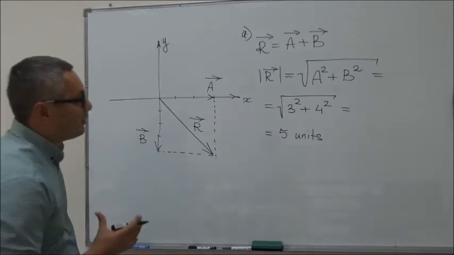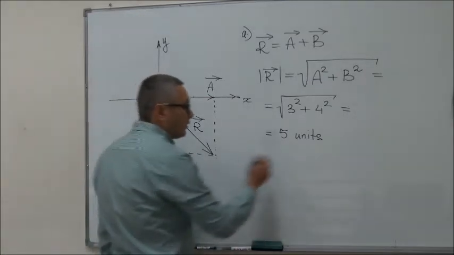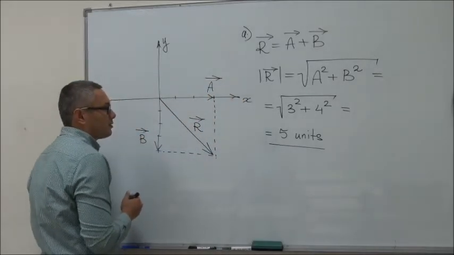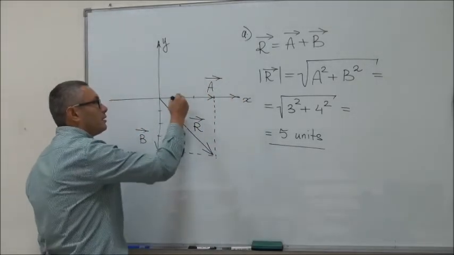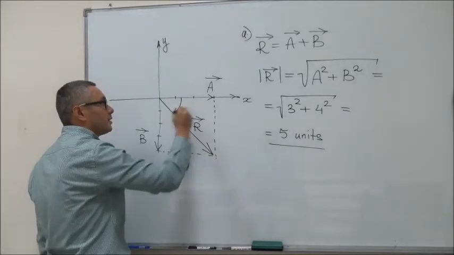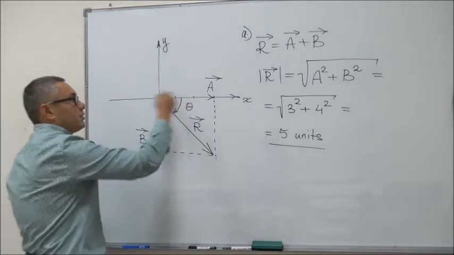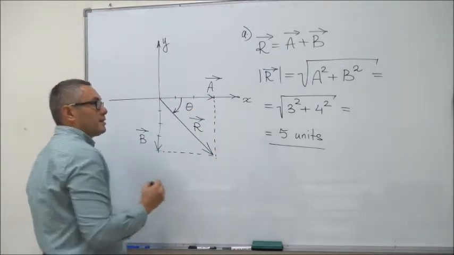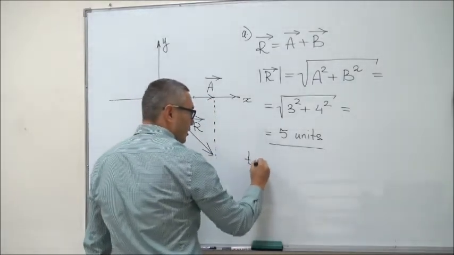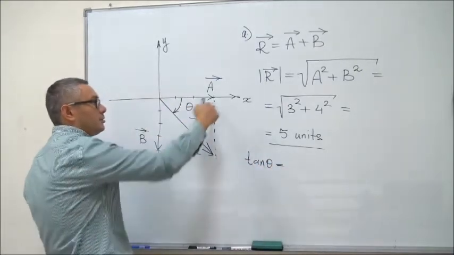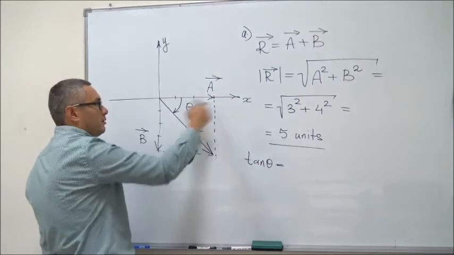Now, a vector, in addition to its magnitude, is also specified by its direction. So in this case, we have to find this angle here. So let's call this angle theta. Well, just by observing this triangle, you can see that tangent of that theta is equal to the opposite over adjacent.